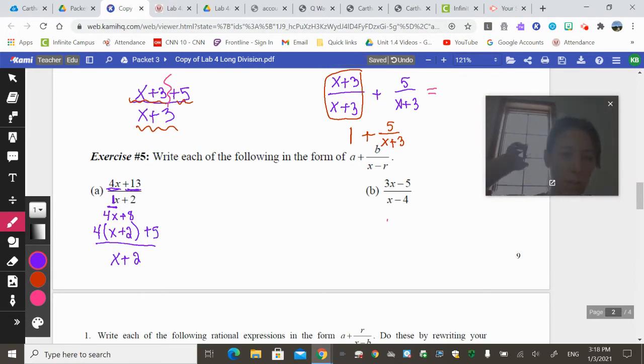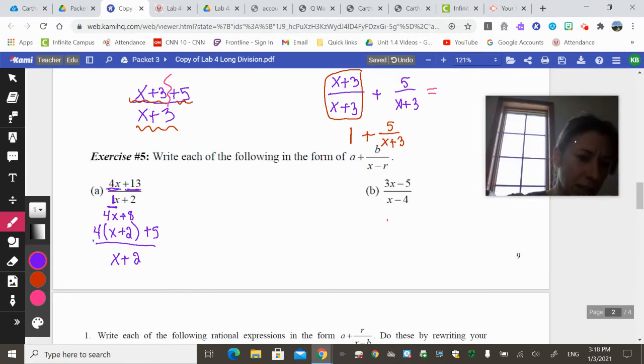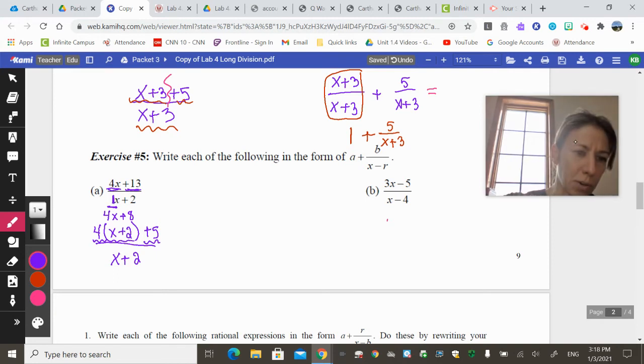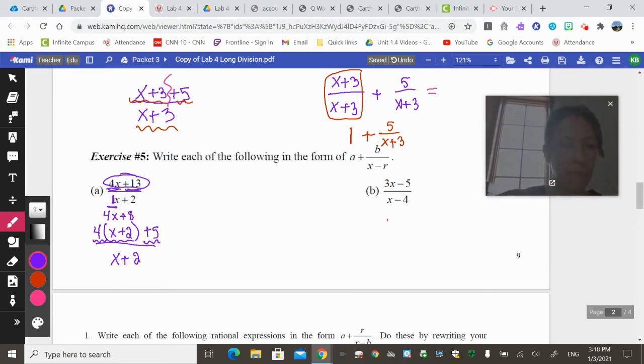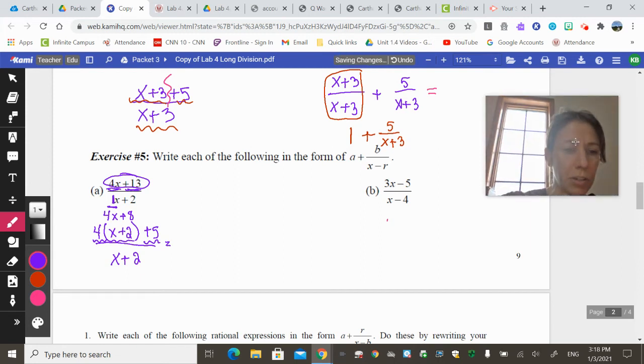If I distribute this, I get 4x plus 8 plus 5, which is the same thing as my original numerator of 4x plus 13. Now I'm going to distribute the division.